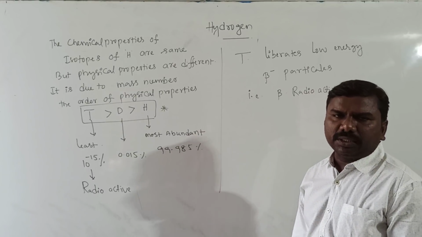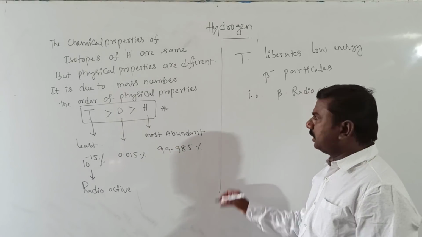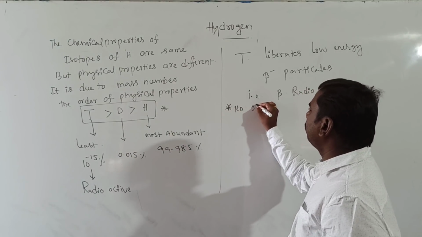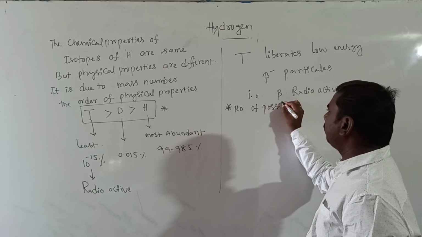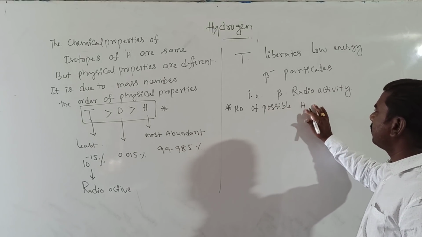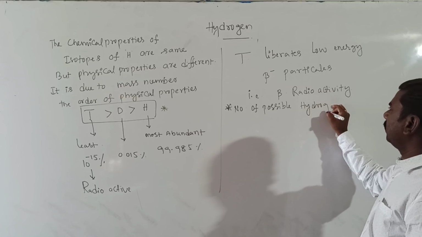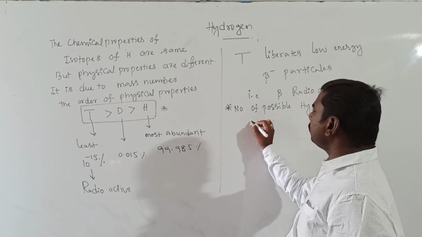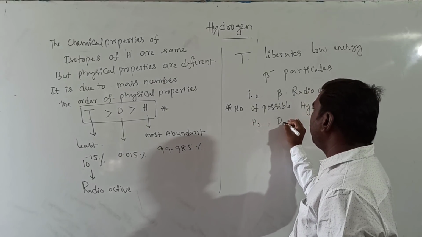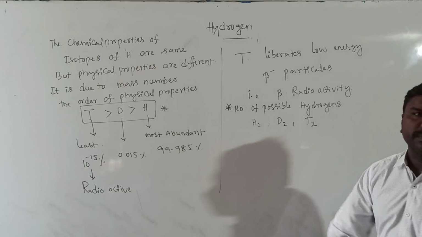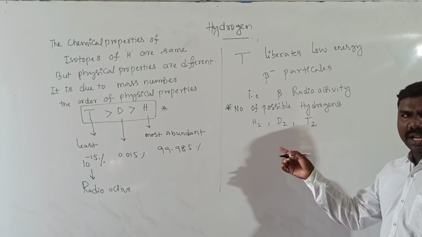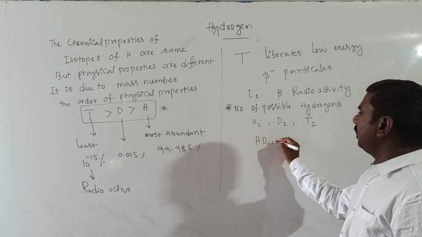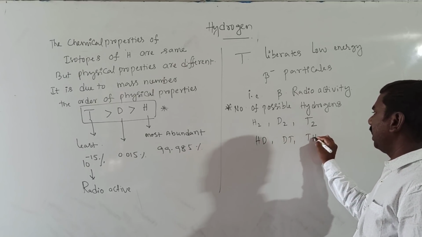And the number of possible hydrogens is one of the important points. Objective questions are asked on it. First, H2, D2 and T2, diatomic. These are all like isotopes, nothing but hydrogens. Another set: HD, DT and TH.